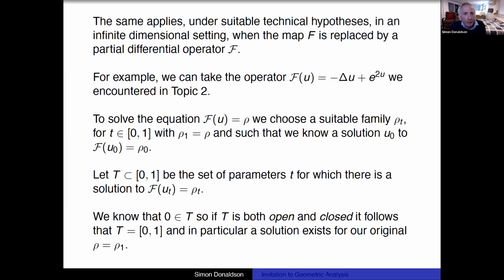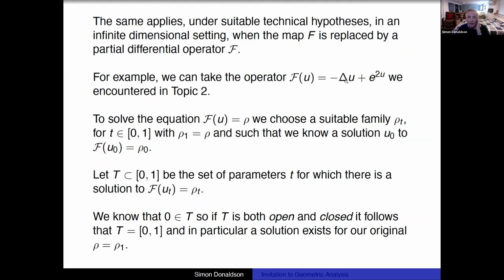So the same kind of result applies under suitable technical hypotheses in infinite-dimensional settings, where we replace, of course, the map F we were considering before by something defined by a partial differential operator. For example, we could take the operator that we encountered in topic 2, this operator here.